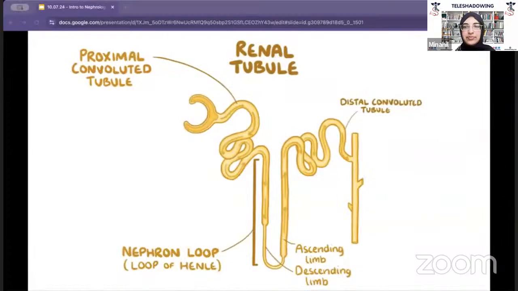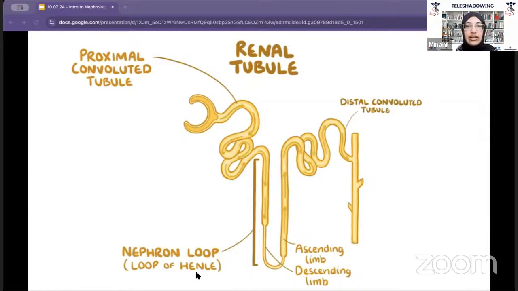So as we continue along the nephron, the renal tubule plays a critical role in reabsorption and also secretion. The tubule consists of the PCT, or the proximal convoluted tubule, the loop of Henle, the distal convoluted tubule, and also the collecting duct. In the proximal tubule, most of the water, electrolytes, and nutrients like glucose are reabsorbed back into the blood. The loop of Henle descends into the medulla and has a key role in concentrating the urine.